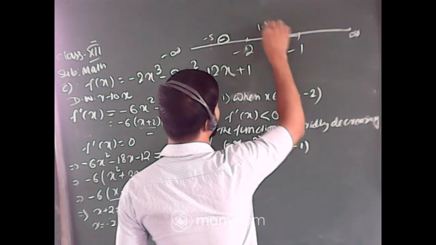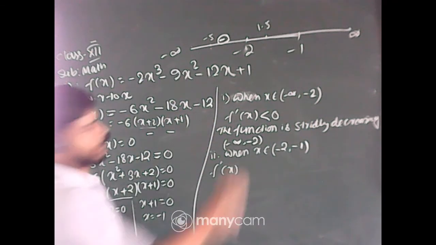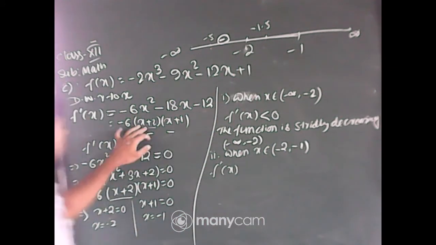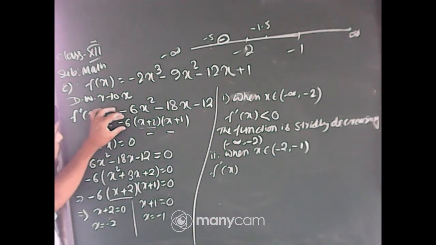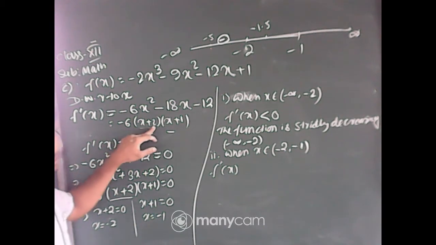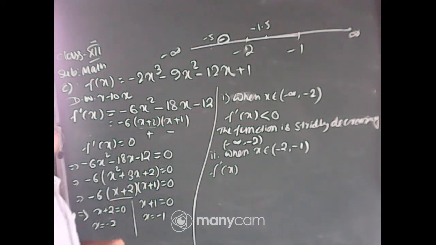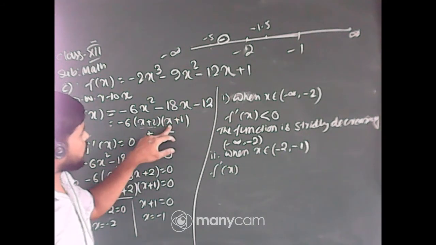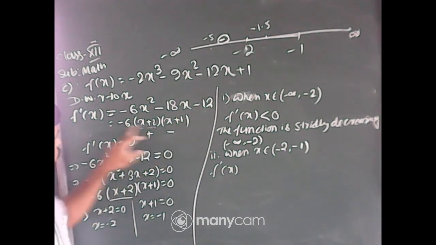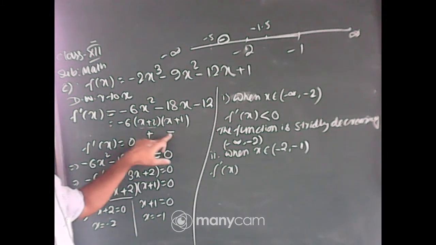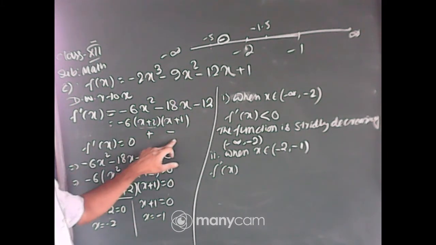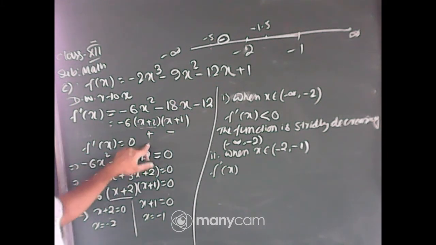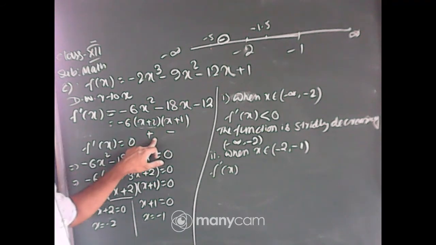Suppose minus 1.5. So put x equal to minus 1.5. So this is a negative term. Minus 1.5 plus 2, the sign will be positive. And minus 1.5 plus 1, this sign will be negative. So negative, positive, and negative. If I multiply them all, the resulting result will be a positive term, isn't it?